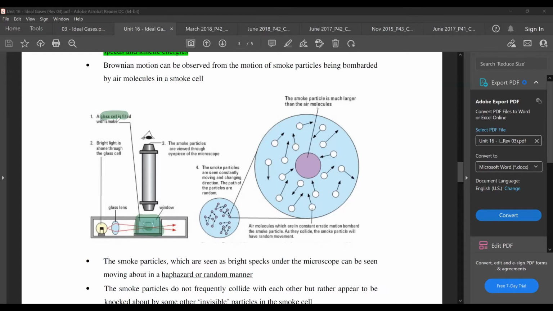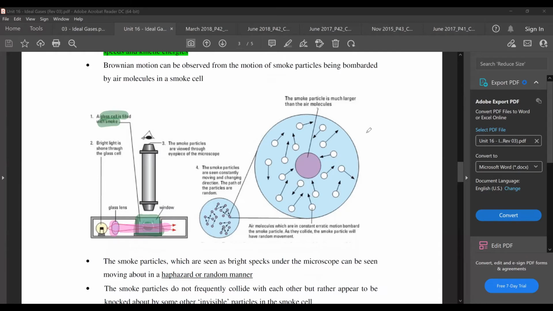It's basically a glass cell that's filled with smoke. In addition to the smoke, there's also some air inside. Once they trap some air and smoke inside the glass cell, they shine some light through the smoke cell.